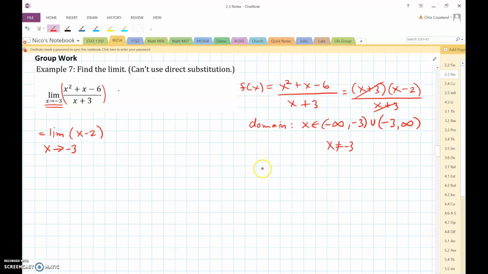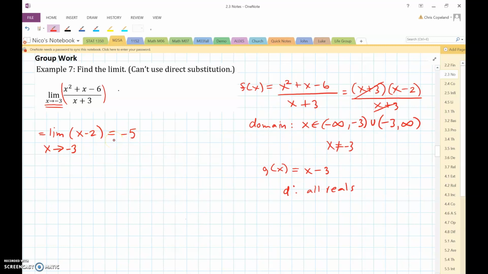Now, the domain of this function, x minus 2, the domain is all reals. So now you can do direct substitution, which would give me negative 5.